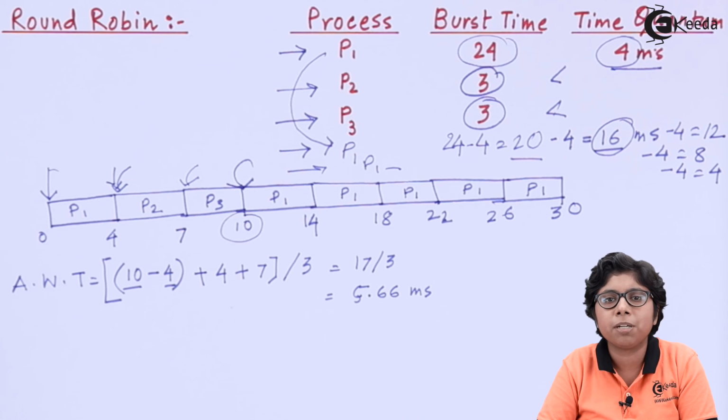If the time quantum is very large, then the process will execute its whole CPU burst time as in an FCFS policy. So round robin will have no effect. So the time quantum has to be adequately large compared to the CPU burst time.